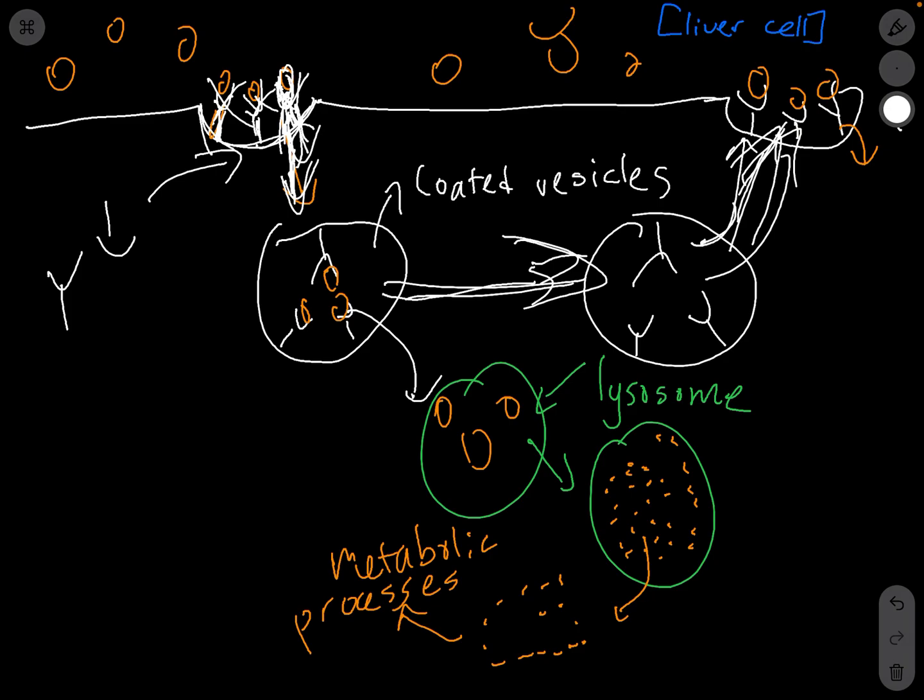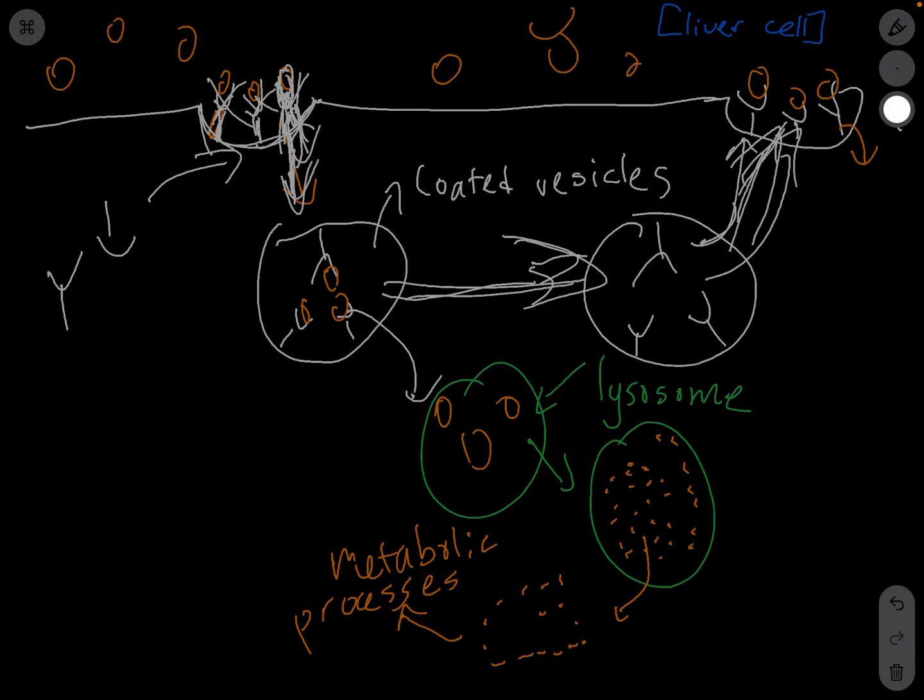But the point is there's one thing in common about all of these familial hypercholesterolemia LDL receptor gene mutations, and that is that LDL is not cleared from the plasma. And so, when I talked about plaque being formed in the artery walls, because LDL is not being cleared from the plasma, there's going to be more LDL in the blood.